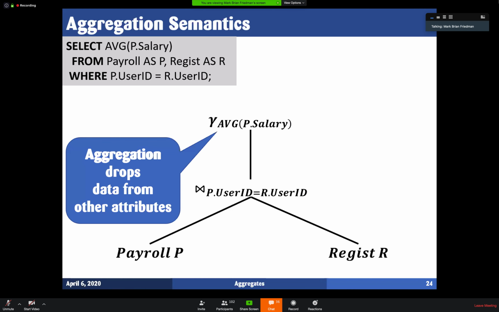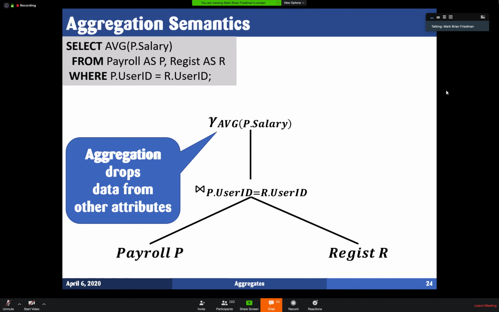What happens is, when the aggregation step is performed, it drops data from other attributes. We'll see how that comes up later again, but just try to keep in mind that that's what's going to happen as part of aggregation.